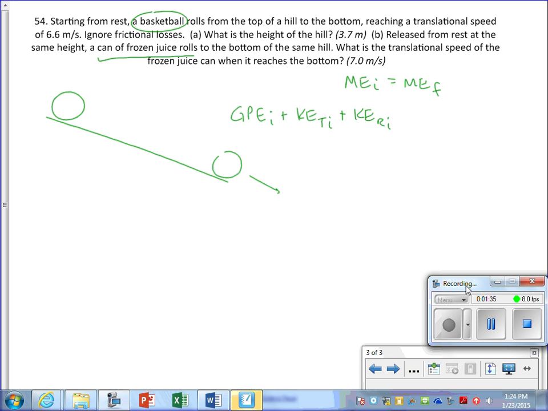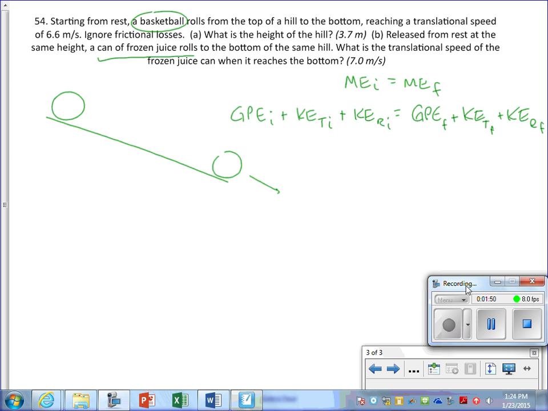So there's a term for each of those initially and finally: GPE final plus KE translational final plus KE rotational final.